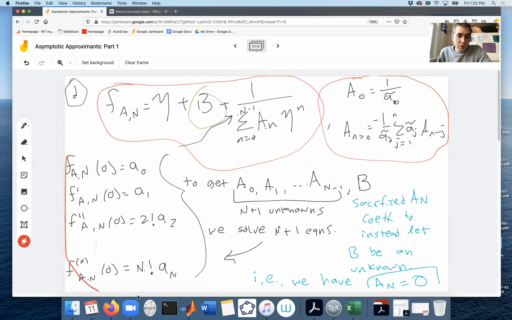We are making sure that the approximate satisfies not only the initial conditions given in the problem statement, but all the other higher derivatives evaluated at 0 up to the nth derivative, which gives us n+1 equations. Let me just change this right here.